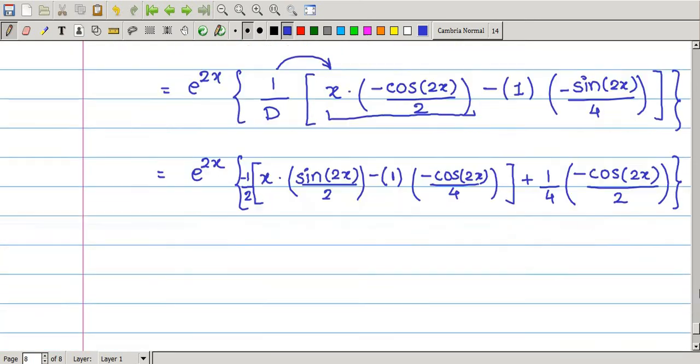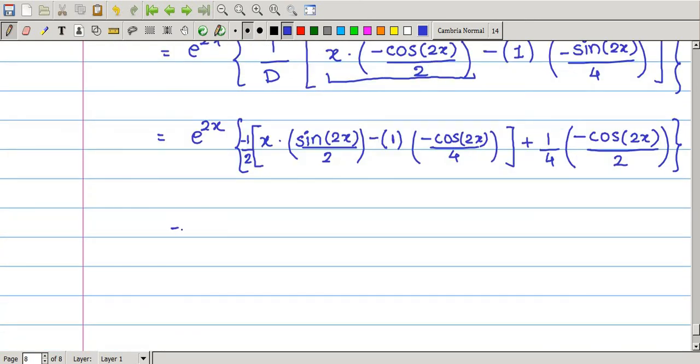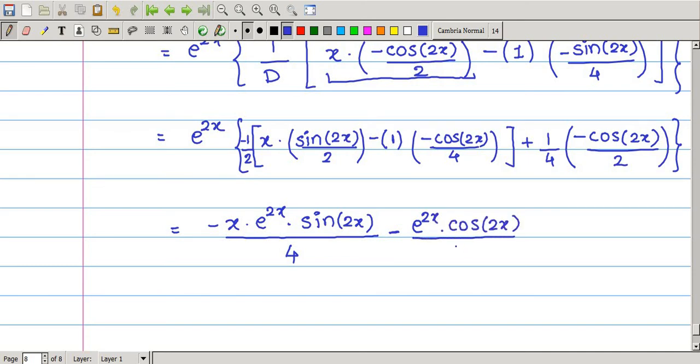So if we simplify this, it's kind of easier, isn't it? So it is minus x into e raised to 2x into sine 2x upon 4. Then this minus minus and minus becomes minus again, e raised to 2x into cos 2x upon 4 into 2, that is 8.